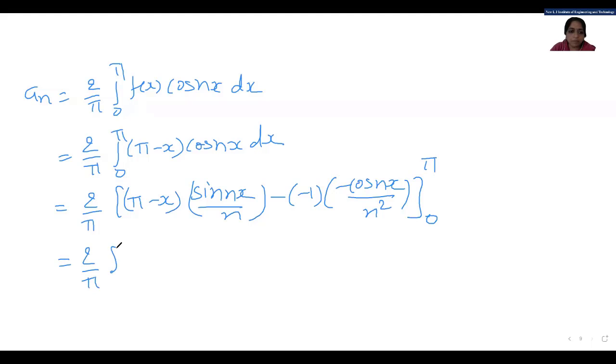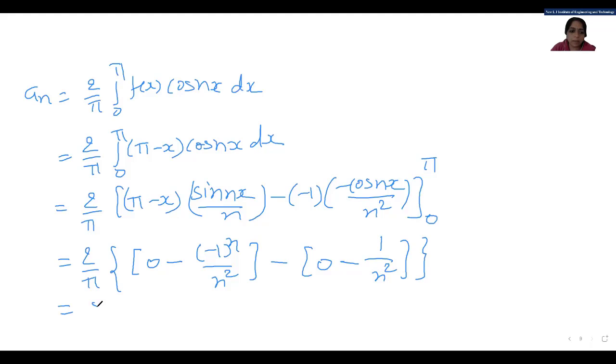After applying the upper limit, pi minus pi is 0, sin n pi is also 0, so the first term is 0. Minus minus minus, cos n pi is minus 1 raised to n upon n square. This is for the upper limit. For the lower limit, pi minus 0 is pi, but sin 0 is 0, so the first term is 0, minus cos 0 is 1, so 1 upon n square.